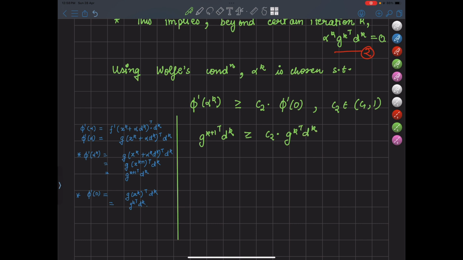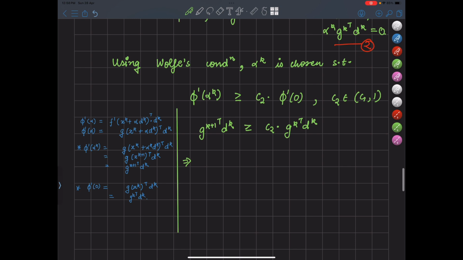This is the thing. Now what we can do is write gk plus 1 minus gk transpose dk is greater than or equal to c2 minus 1 times gk transpose dk. So we just subtracted gk transpose dk from both sides.